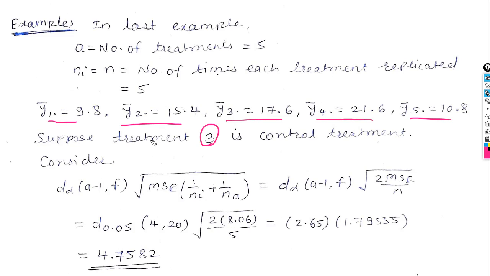Now, to compare, first find this critical difference: d alpha, a minus 1 comma f, times the square root of MSE times 1 upon n i plus 1 upon n a. In this case n i and n a are the same because each treatment is replicated 5 times, and the control treatment is also replicated 5 times, so it becomes 2 times MSE upon n.